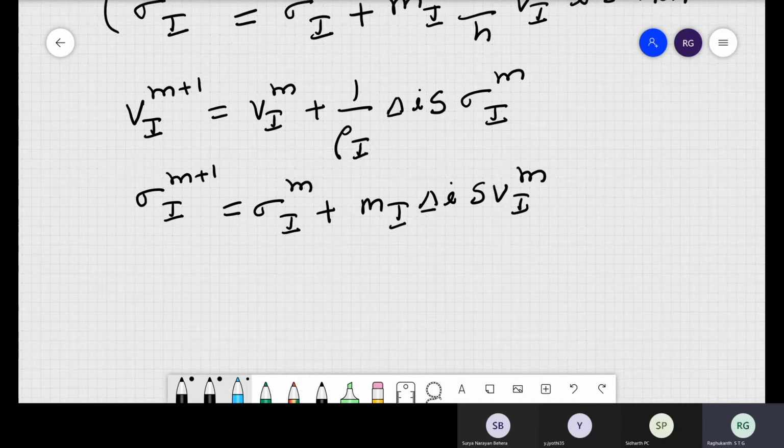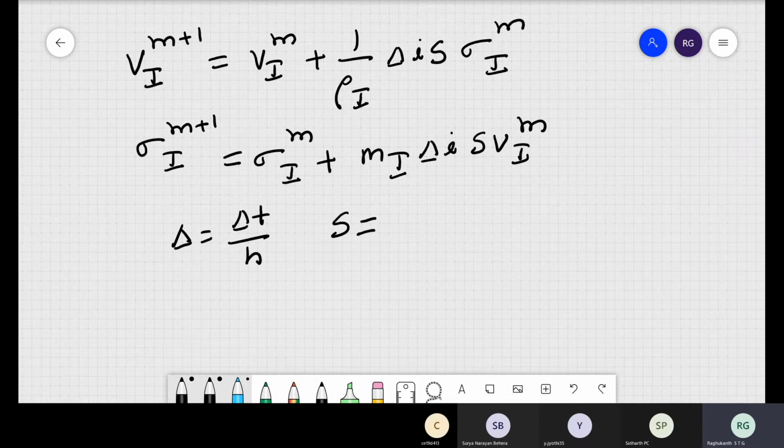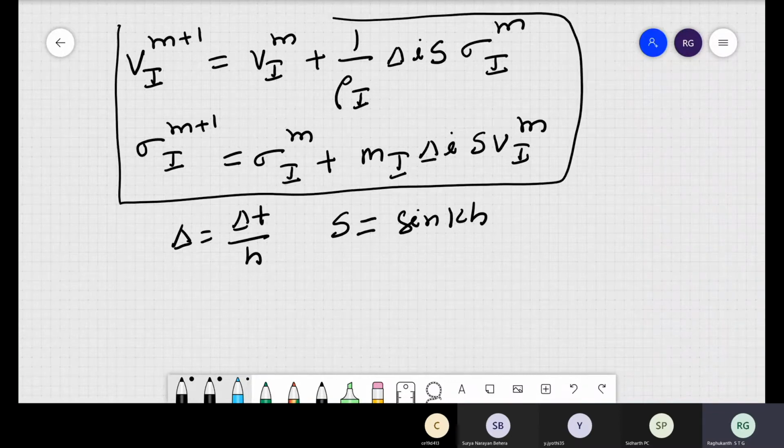Where the definition is like this: delta is delta T by H, the ratio, and your capital S is some sine times kh, just representing it in a nice format. So this is the finite difference scheme for the velocity-stress formulation, forward in time, central in space.